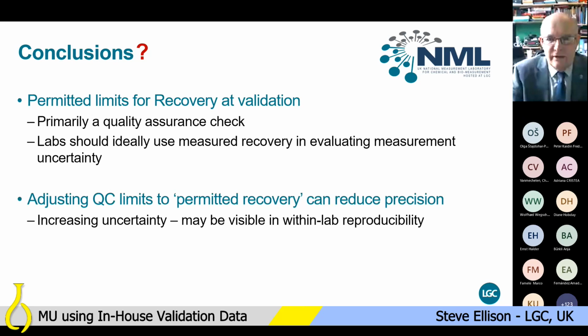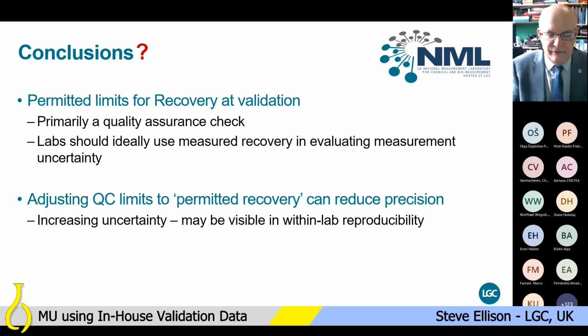Turning to quality control, it's a bit more of a balanced picture. We may have allowed for our quality control limits in determining our precision anyway. If that's the case, we shouldn't need to take any further action.